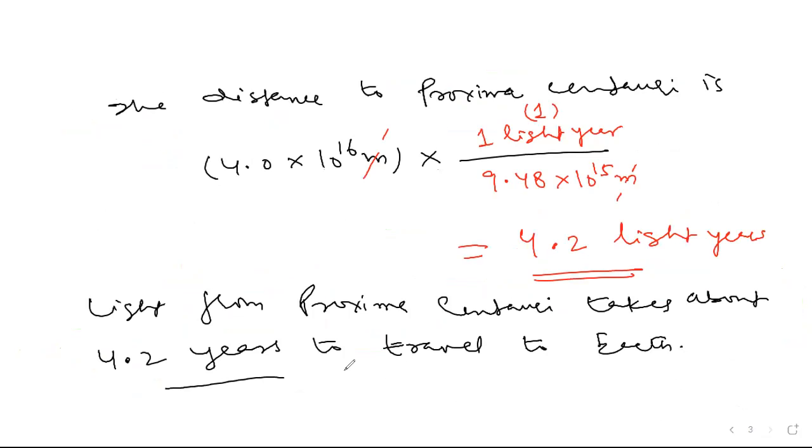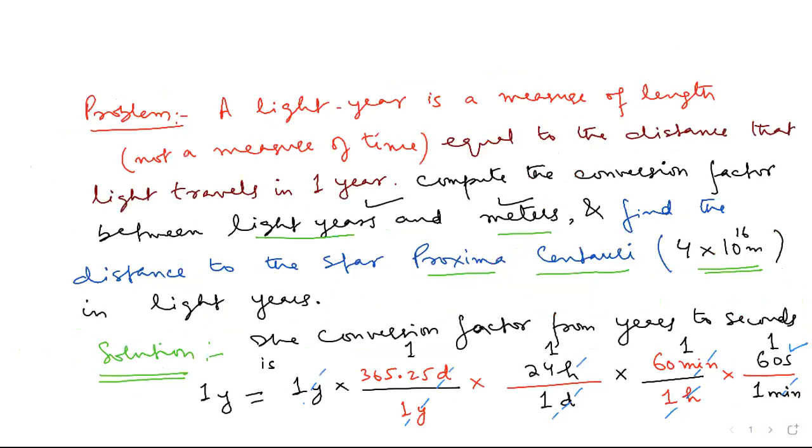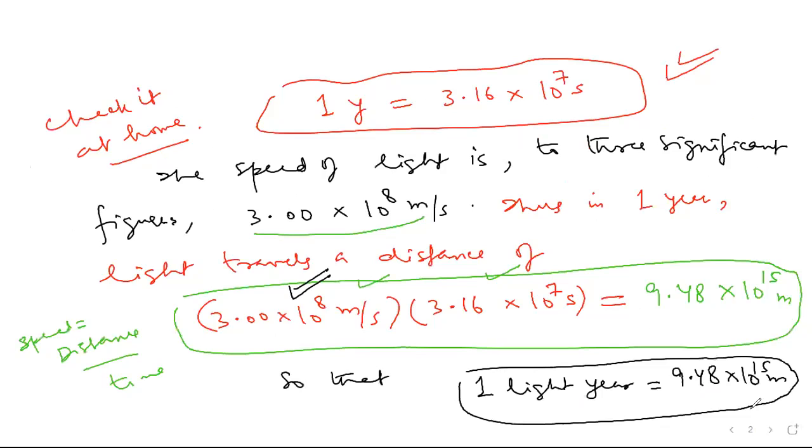That's why we're writing here about, right? You need to check this number here, check it at home, and check this calculation as well at home, and this calculation as well. Check it.